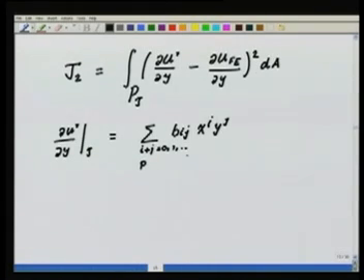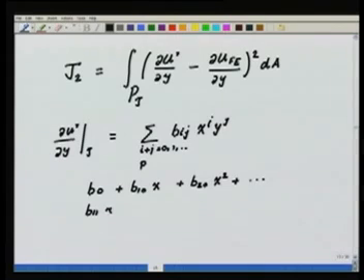So over all these monomials, just to avoid confusion, it will be b_00 plus b_10 x plus b_20 x² plus so on plus b_11 xy plus b_01 y plus so on. This kind of an expression it will have. Okay, so it's in terms of all the monomials of order up to p.